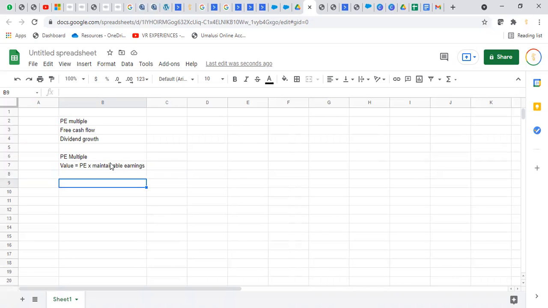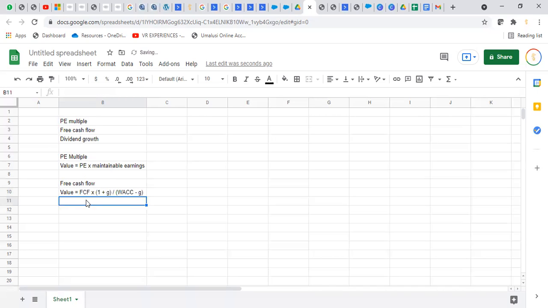Then for free cash flow, the formula we use is as follows. Value equals free cash flow multiplied by 1 plus the growth rate, divided by WACC minus the growth rate.